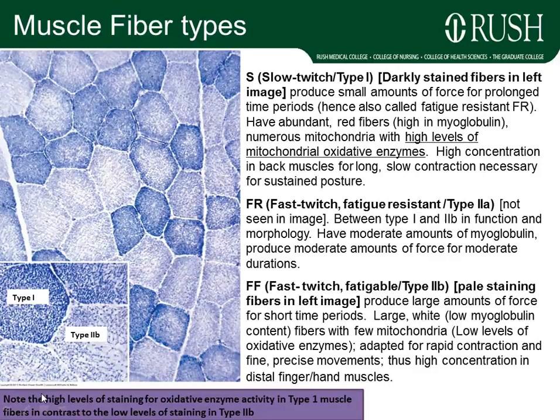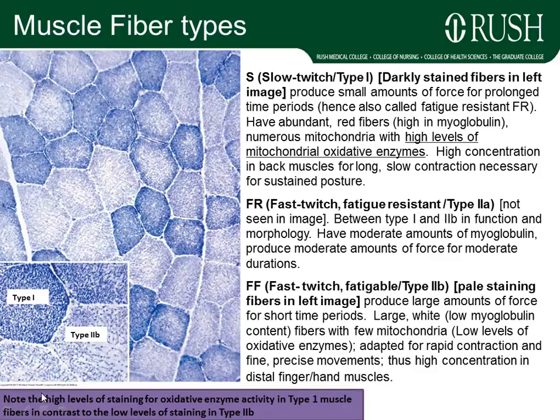First, you have the slow twitch muscle fiber type, also called type 1. These are specialized for small amounts of force over prolonged periods of time. Therefore, they are also called fatigue-resistant fibers. Now, on the other side of that spectrum are the fast-twitch fatigable, or type 2B fibers.